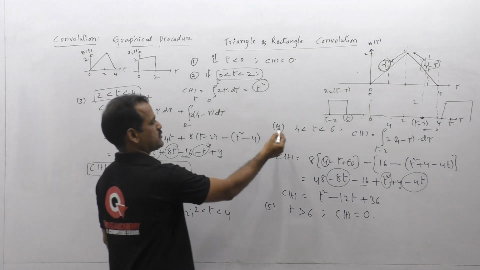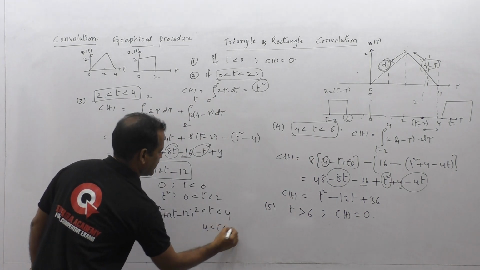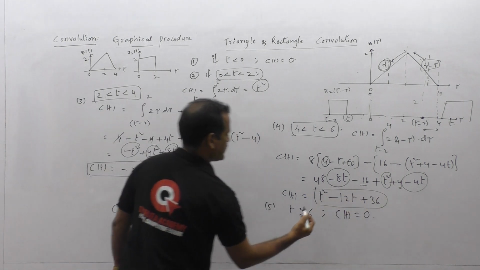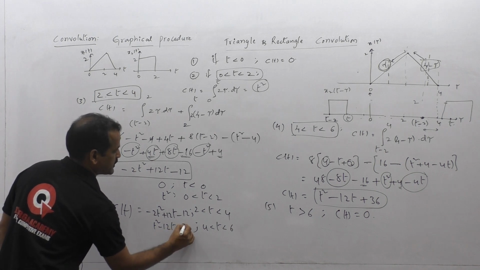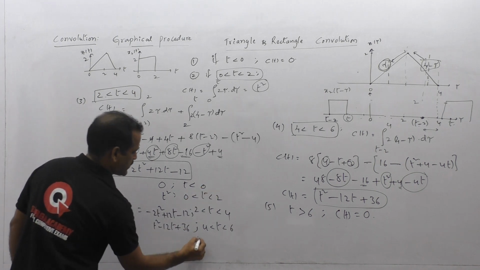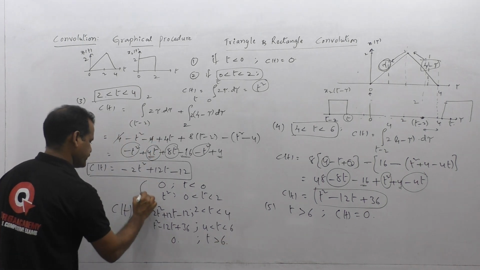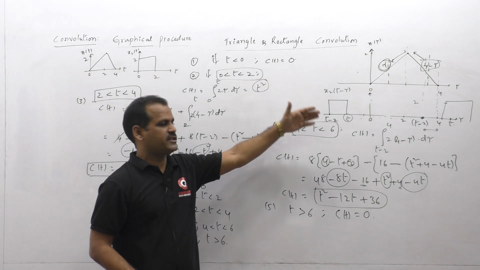Next, for the fourth one over the interval 4 less than t less than 6, we got the equation t square minus 12t plus 36, and then finally if t value greater than 6, the convolution integral is again 0. This is the result of the convolution of the given triangular function with the rectangular function.